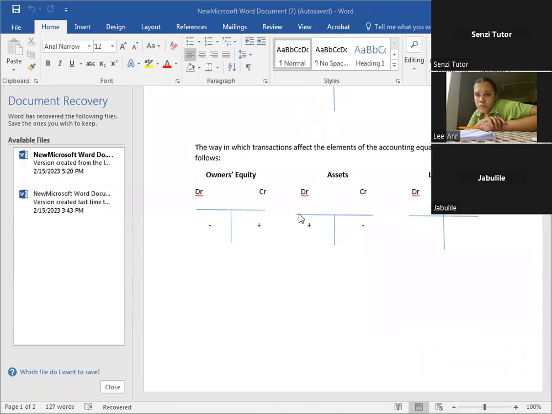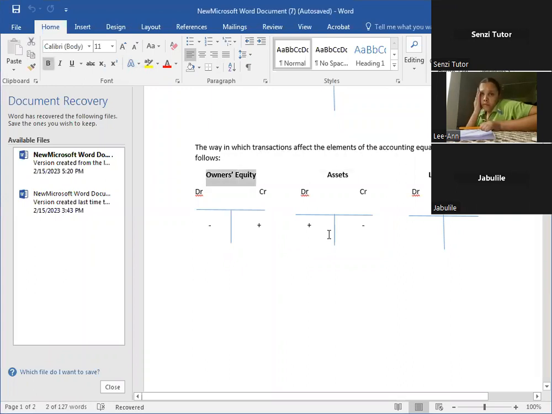Now, we've got something very important for us to know. The way in which transactions affect the elements of the financial accounting equation can be summarized as follows. We have owner's equity, assets, and liabilities.